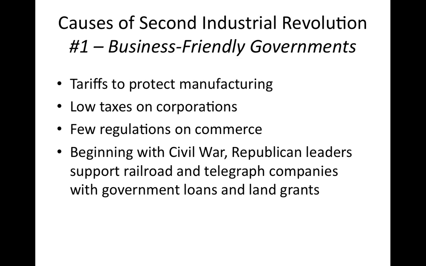So that's one important reason. The government was protecting American industrialists, letting them produce goods and services with less competition from European producers than they otherwise would have if it weren't for those tariffs.